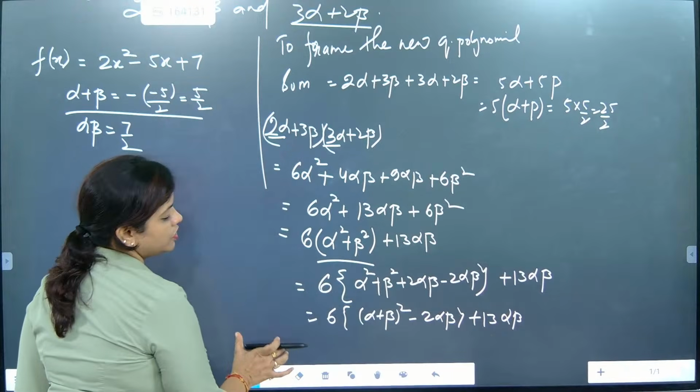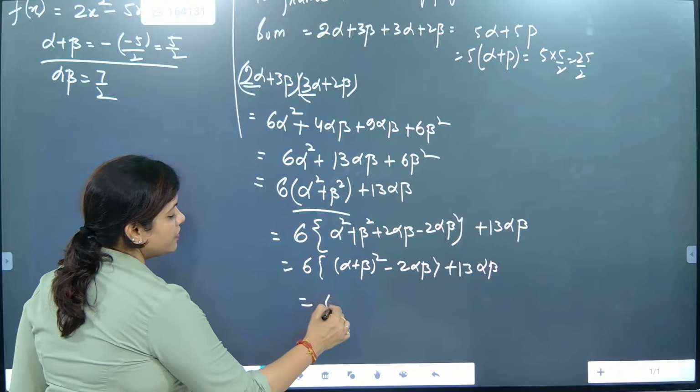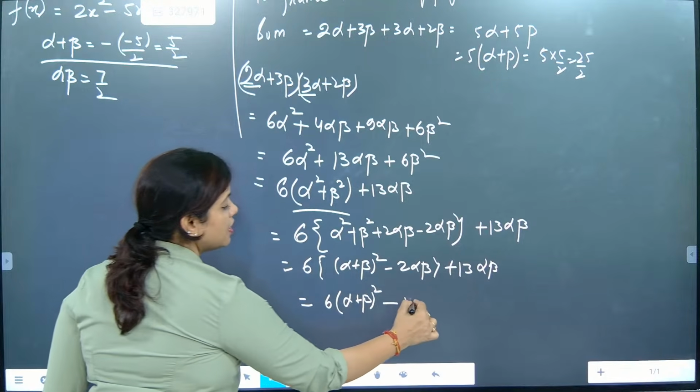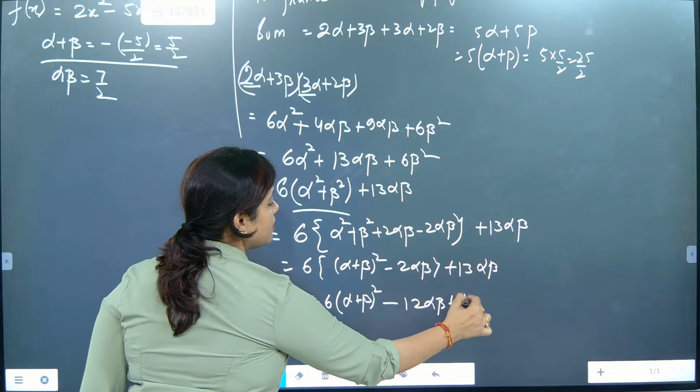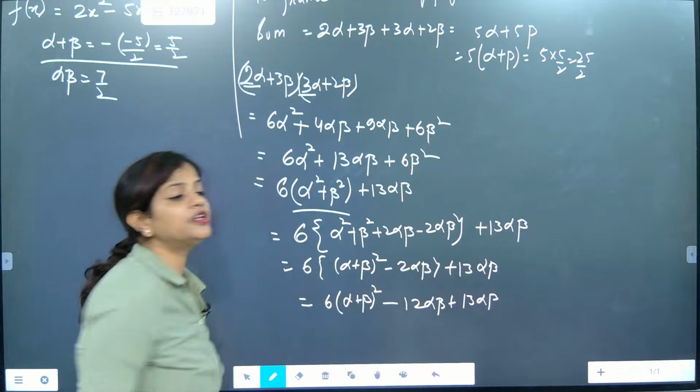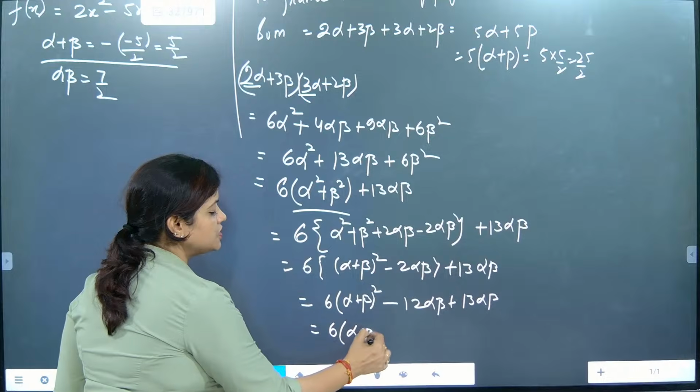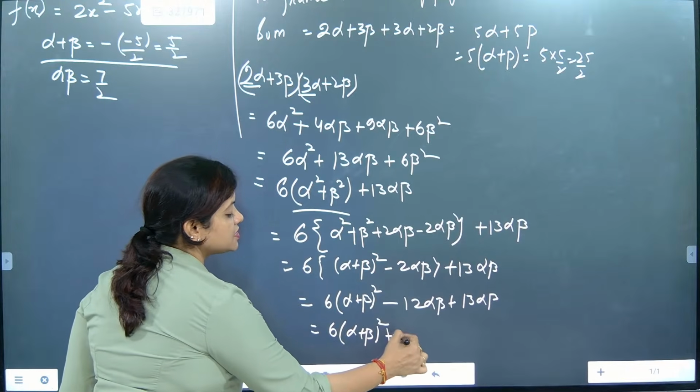Now it will become 6 alpha plus beta whole square minus 12 alpha beta plus 13 alpha beta. 13 minus 12, 1. So here it will come 6 alpha plus beta whole square plus alpha beta.